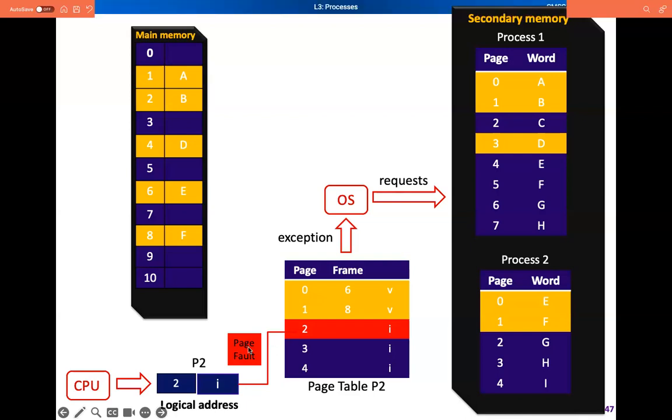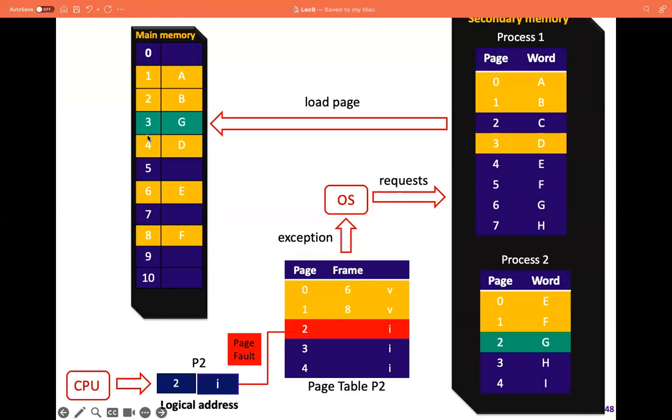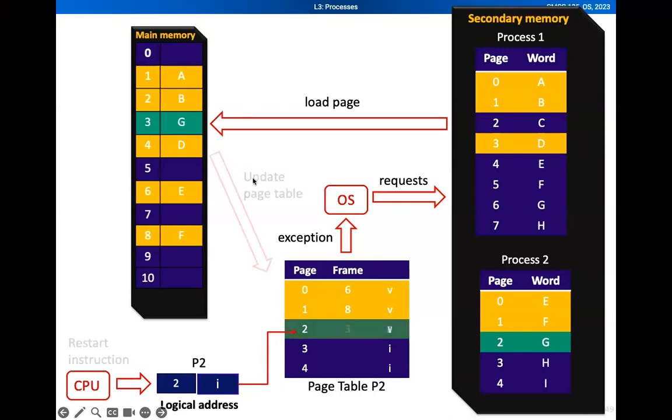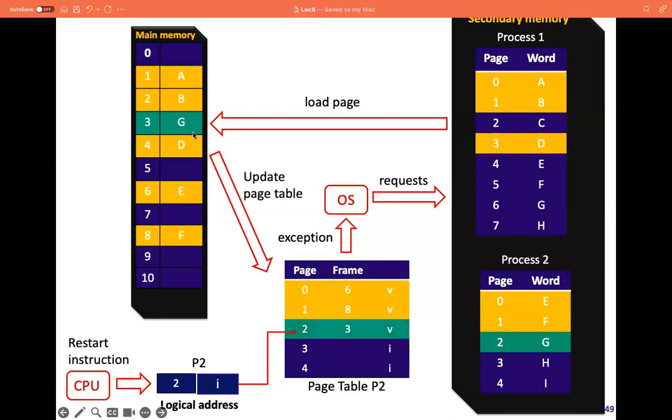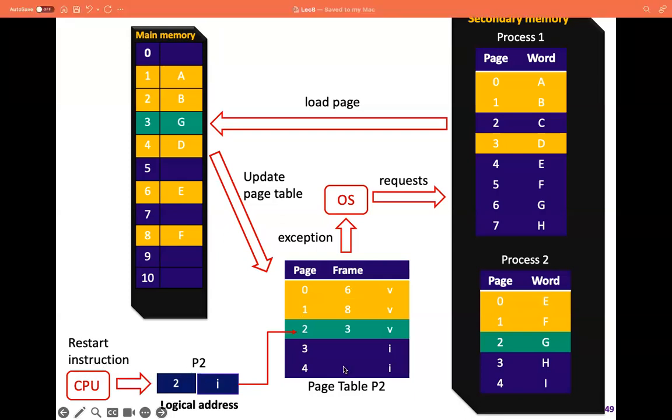If a page fault happens, we transfer control to the OS and the OS requests the desired page, swaps that desired page into the main memory, and then updates the page table. So what we are actually doing here is looking for available frames wherein we can load the page that is being requested by the CPU. In this case, page 2 of process 2.